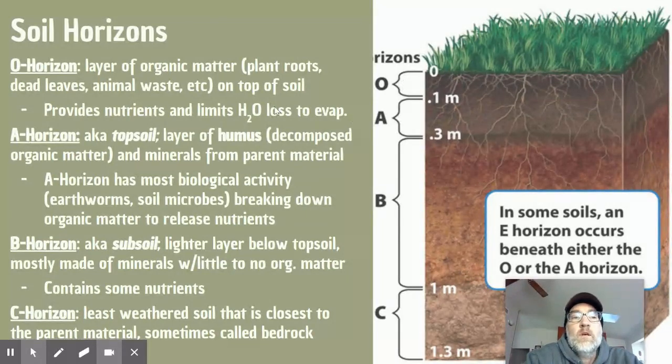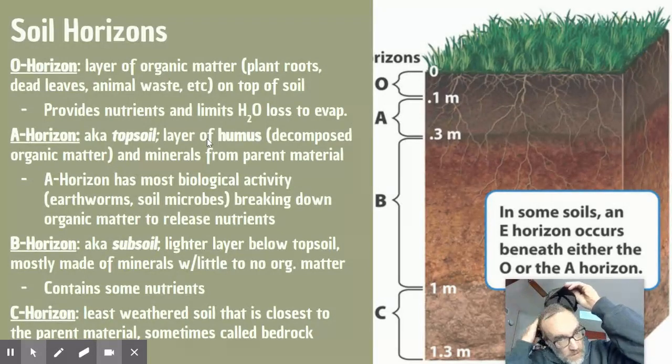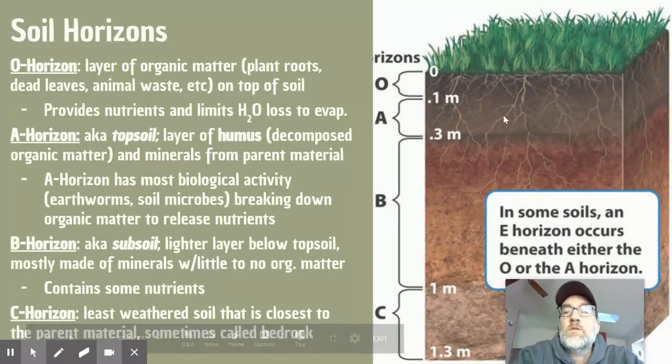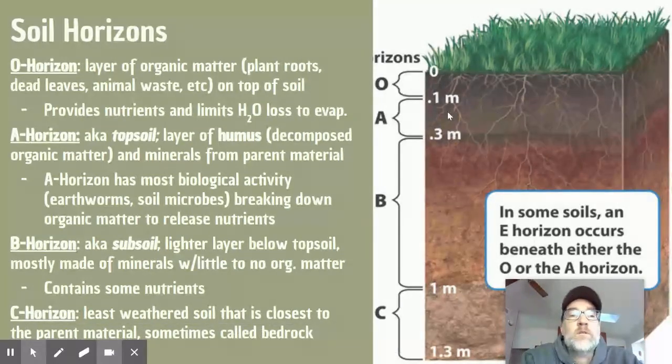Very important. Down below, we've got the A horizon, also known as the topsoil. That's a layer of humus, organic matter, but also contains the minerals from the parent material. So this is your productive soil, typically your topsoil, your A horizon. Most biologically active, lots of earthworms and microbes.